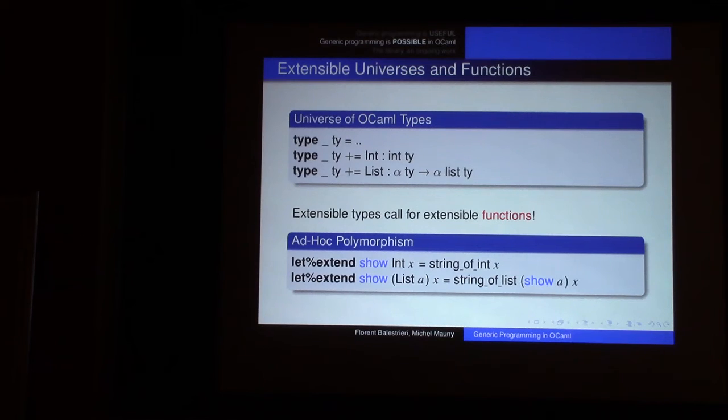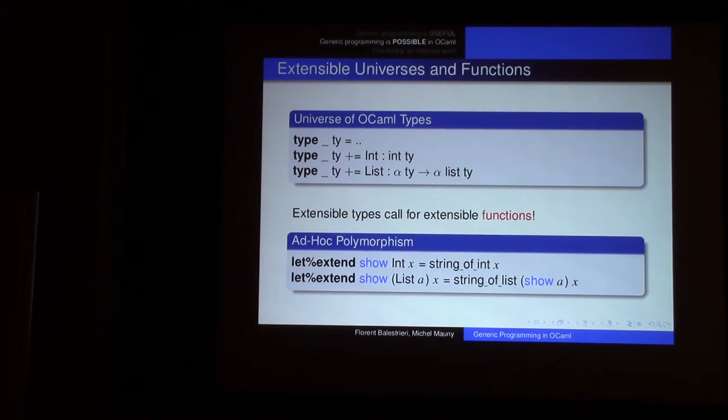So we just reflect the names of the types, not the structure. And if we want to define functions on those types, so type indexed functions, they also need to be extensible because when we add new types in our GADT, we will need to add new cases to our functions.